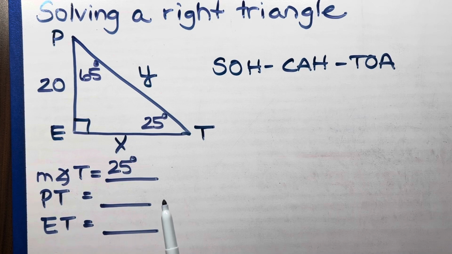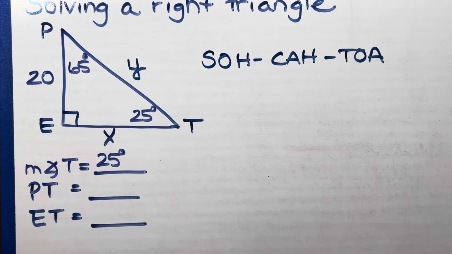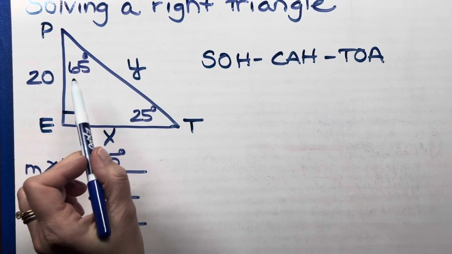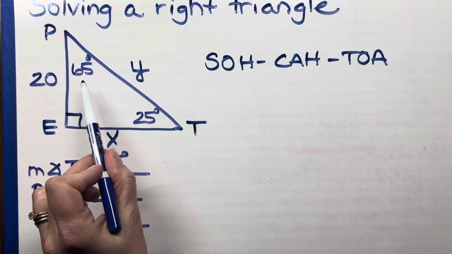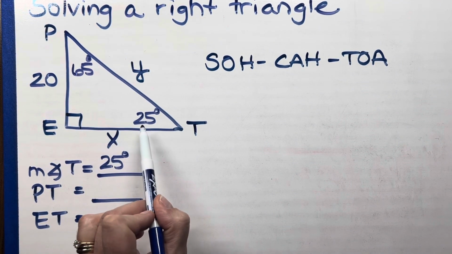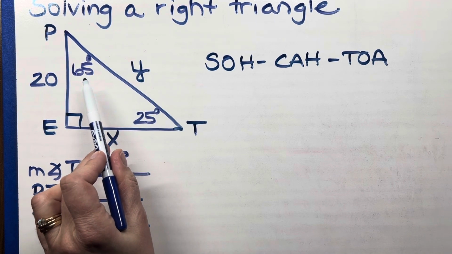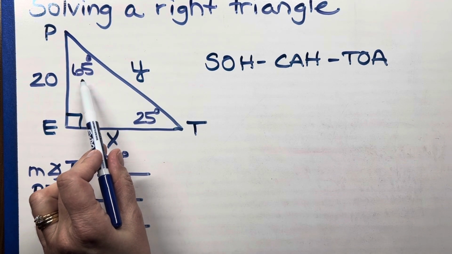So if I'm doing it one way, somebody else might choose to do it a different way, but we should still get the same values for those. So I'm going to start off with the angle that I was given because I know that is right. In case I subtracted wrong, I don't want to use a wrong value. So I'm going to focus on my angle P, which is 65.